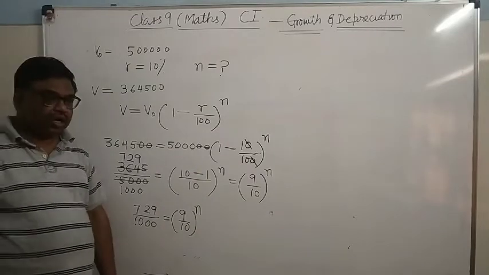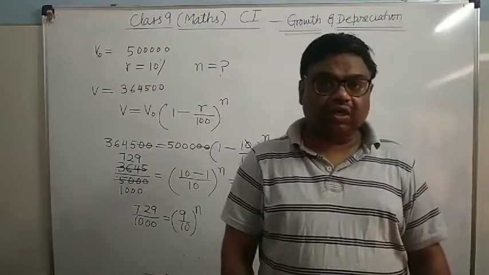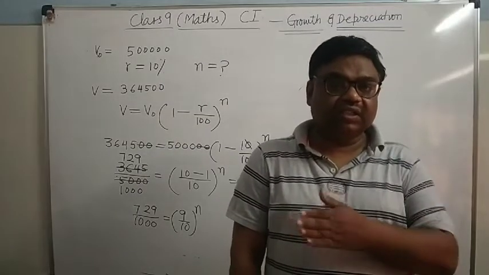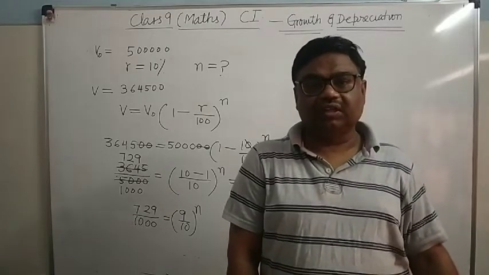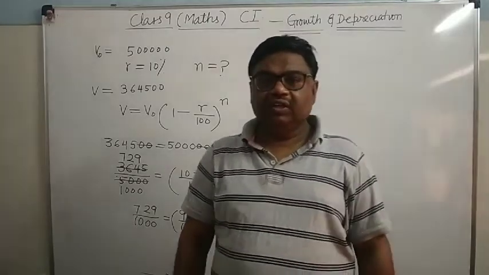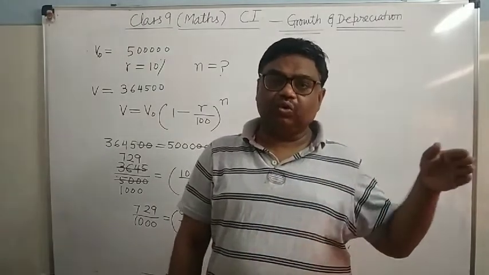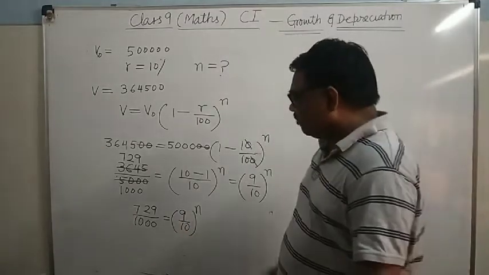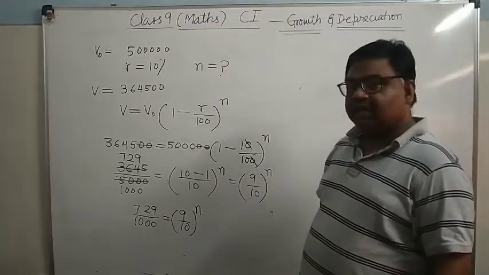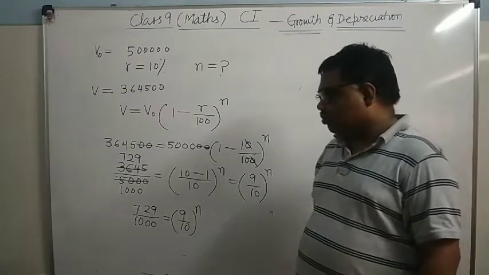Now all of you learn the squares of numbers from 1 to 35. Squares of all numbers from 1 to 35 should be remembered by us. In the same way you learn the cubes of numbers from 1 to 12. As we know that 729 is 9 into 9 into 9, 9 cube equals 729.